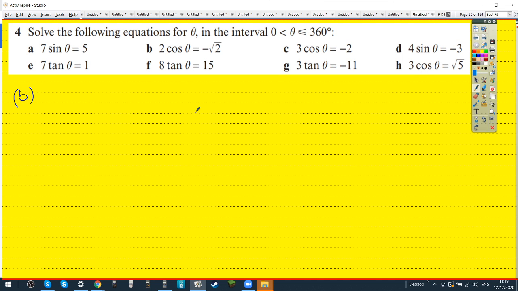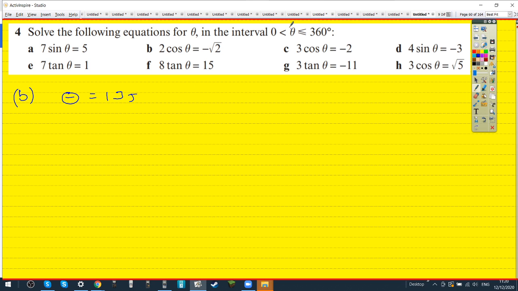B. So would theta be x then? Yeah, it's like x. Theta equals 135.